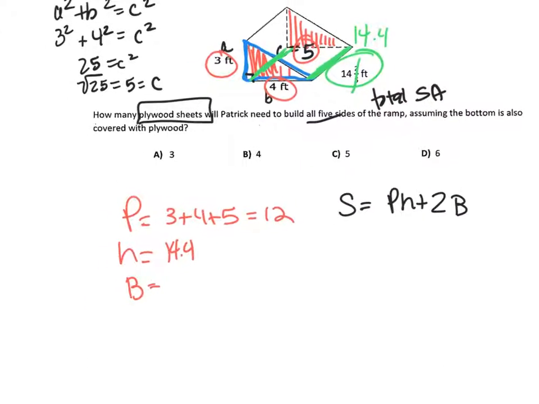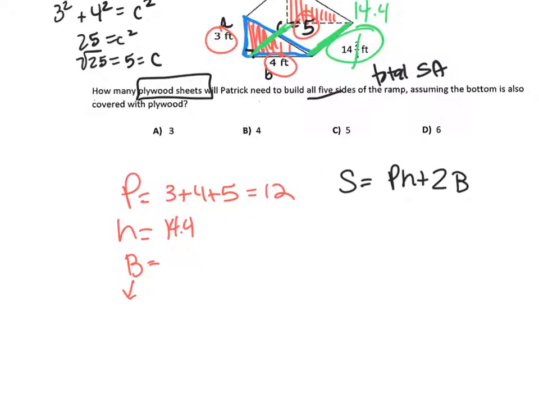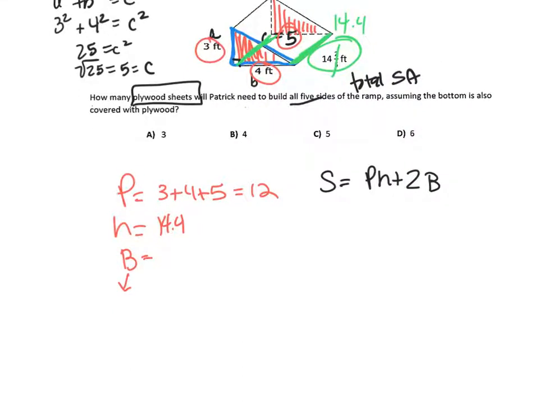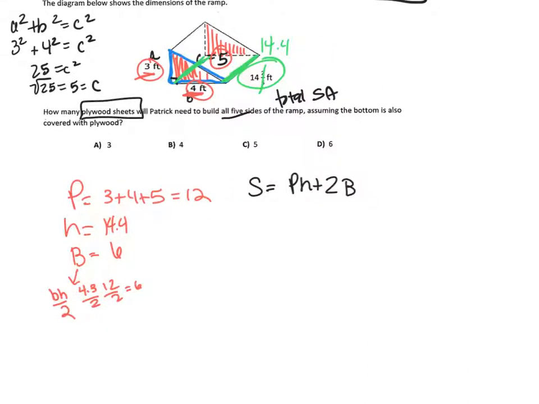Area of the base. How do we find the area of a triangle? Base times height divided by 2. So the bottom of the triangle times the height of the triangle, 4 times 3, divided by 2. So 4 times 3 is 12, divided by 2 is 6. Now let's plug all that info in.